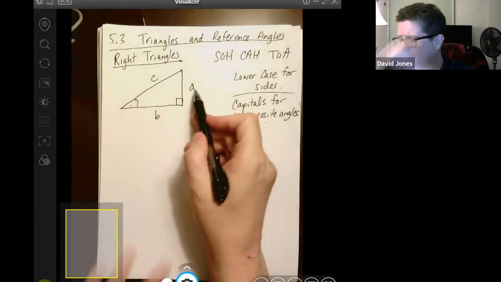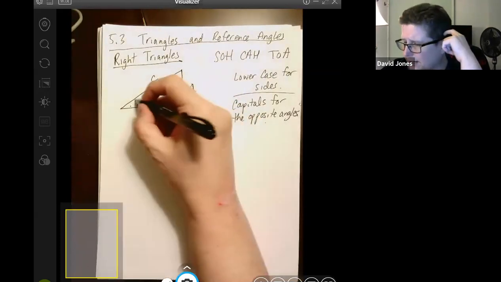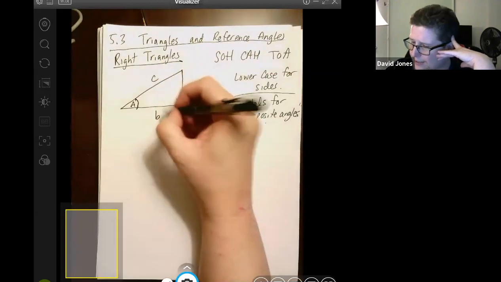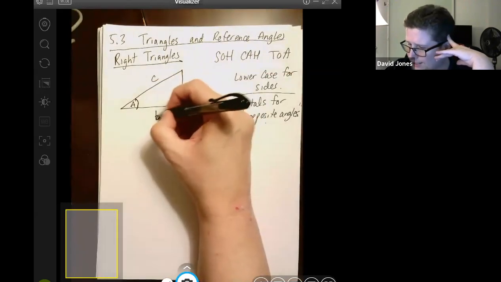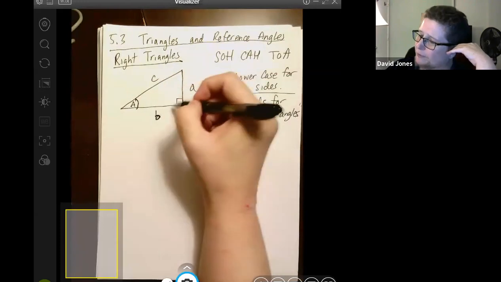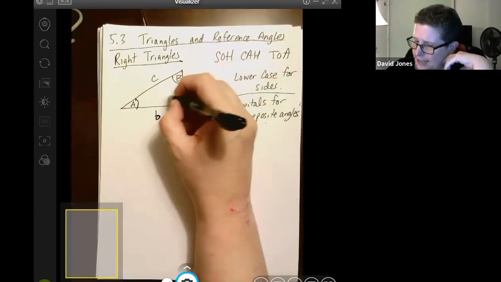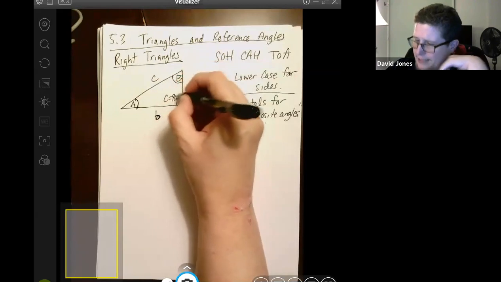So the opposite for a is this angle here, and we're going to use capital A. The capital B, the opposite angle is that one, and that makes C our right angle, which we know is 90 degrees.